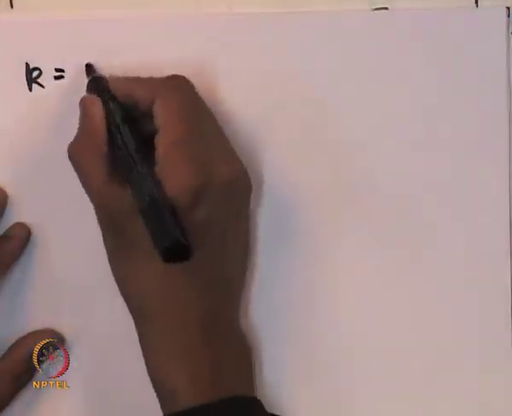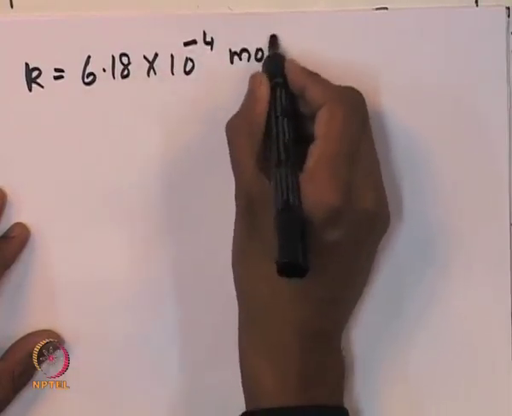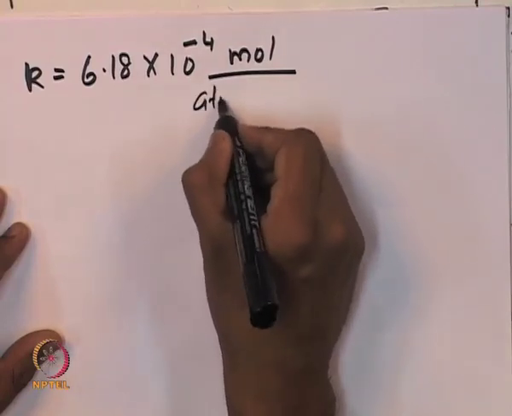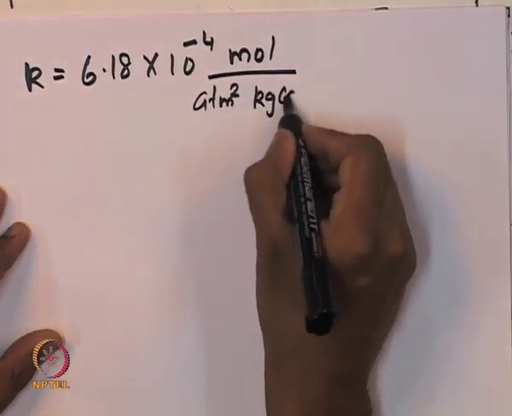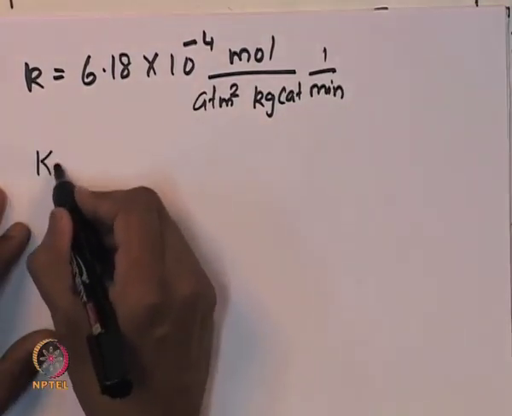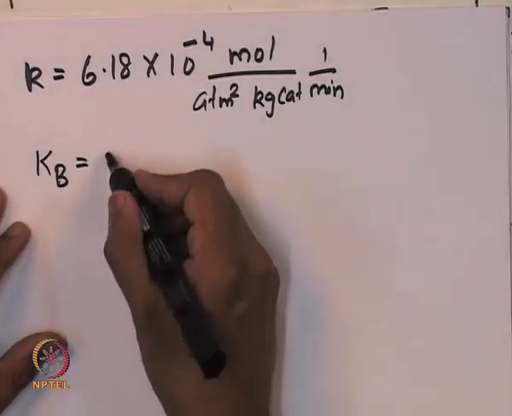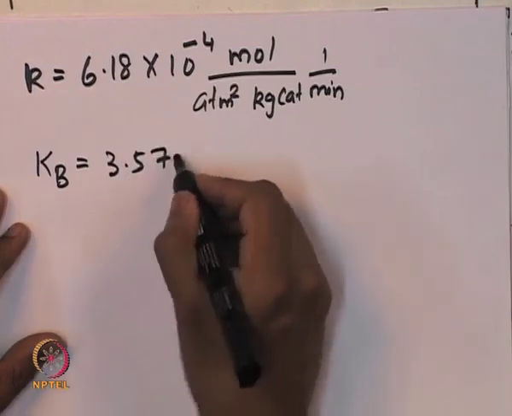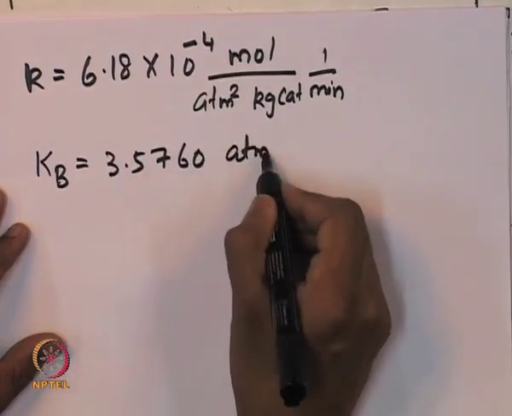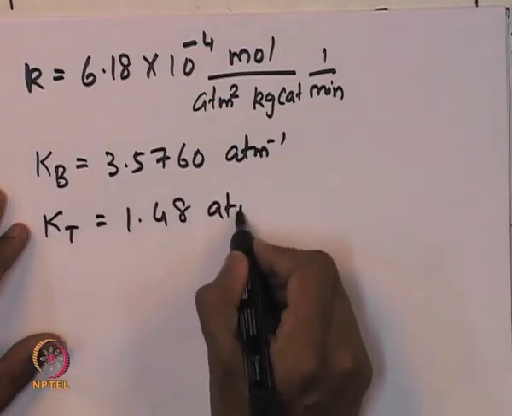For the data that is shown to you, K will be equal to 6.18 into 10 power minus 4 moles per atmosphere square multiplied by kilogram catalyst per minute, and K b, the equilibrium adsorption desorption constant for benzene, comes out to be 3.5760 atmosphere minus 1, and K t turns out to be about 1.48 atmosphere minus 1.